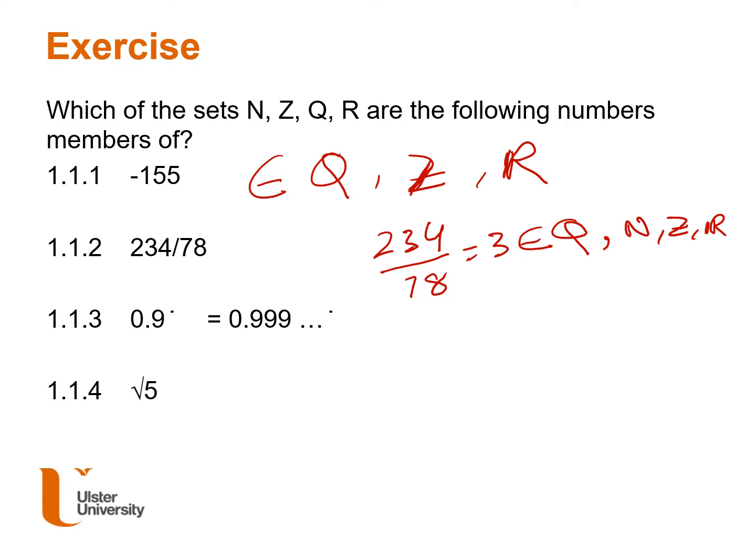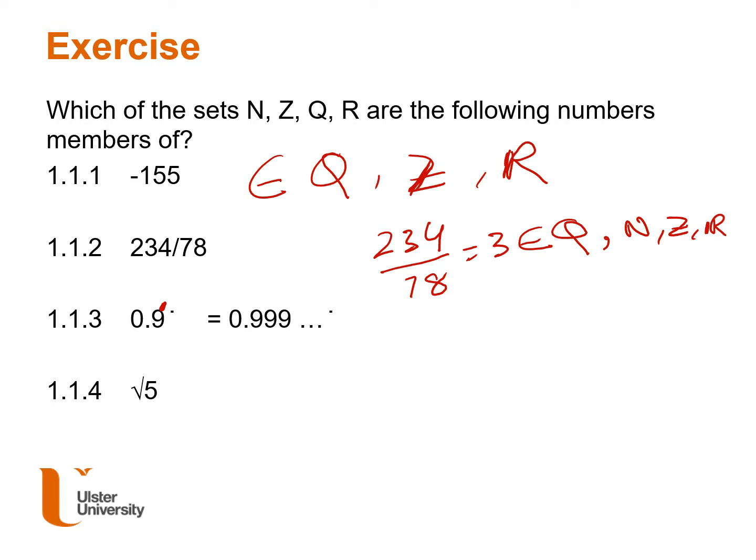Next we have 0.9 recurring, a recurring decimal where the 9 repeats itself again and again.